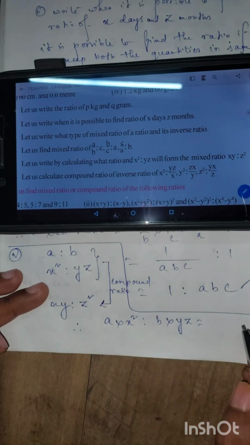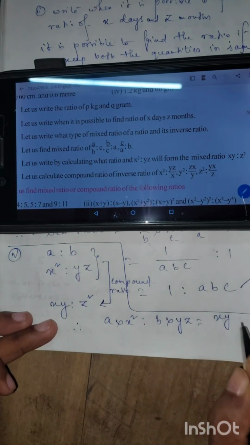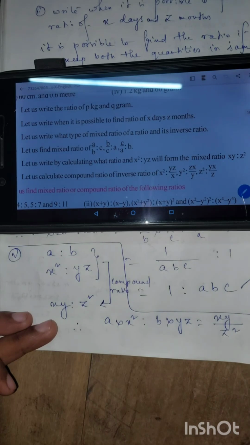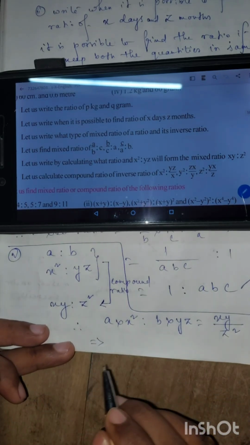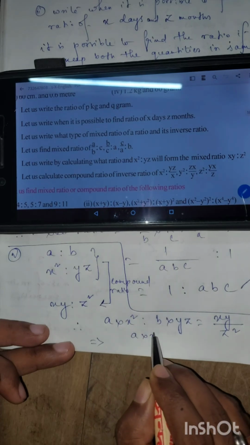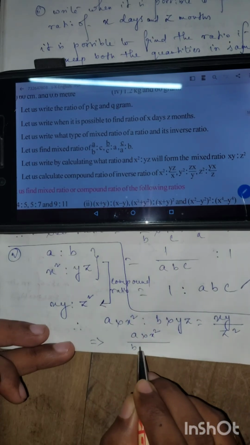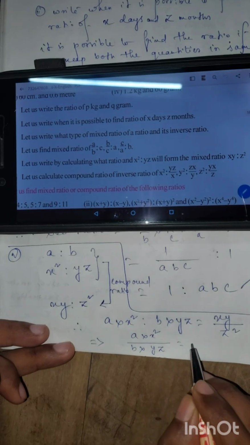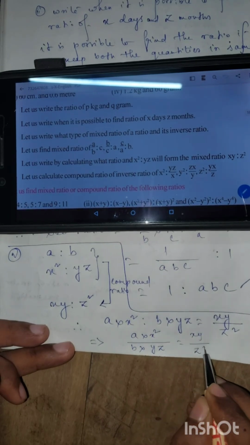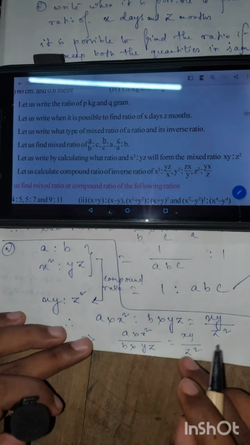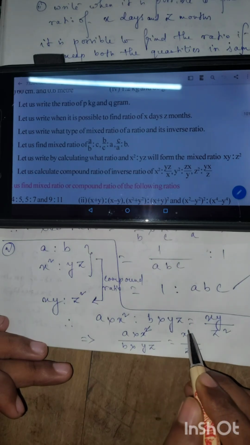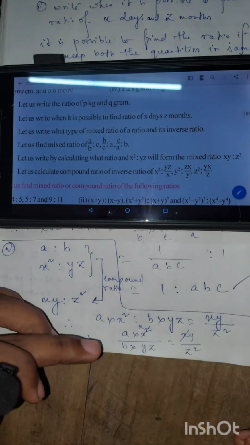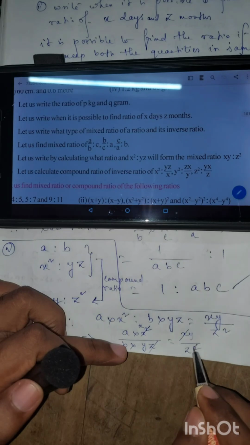This is xy by z square. Okay, this is what we are getting. Now x is cancelled and z is cancelled.